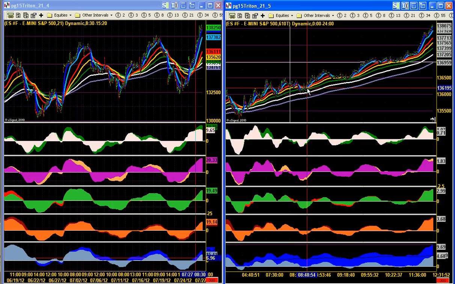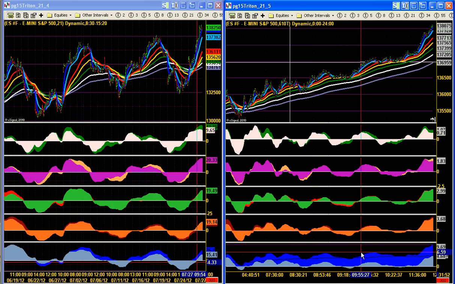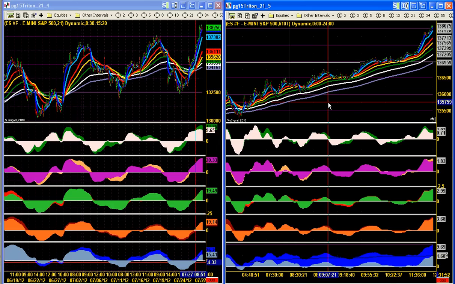Started turning at 8:48, and you can see as I move the cursor across the screen that you should only take these trades on the upside because the downside was very minimal. But not knowing what the downside was going to be, since T5 is above zero on the 21-minute and the 610 tick, only trades to the upside should be taken.